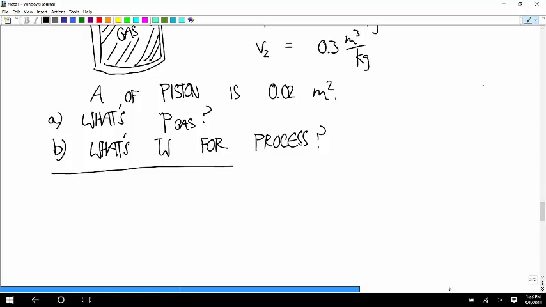But we're just going to use the fact that it's in equilibrium at both of those two points and isolate the piston, okay? Because we know what forces are acting on the two sides of the piston. So, free body diagram of the piston.